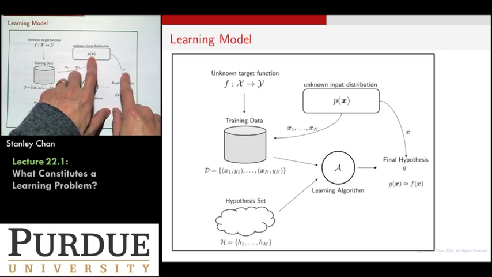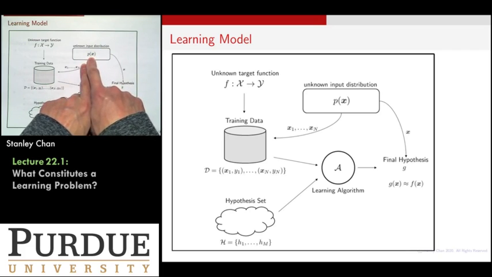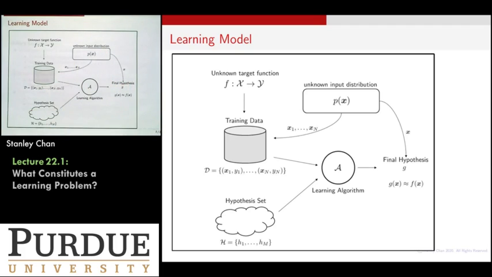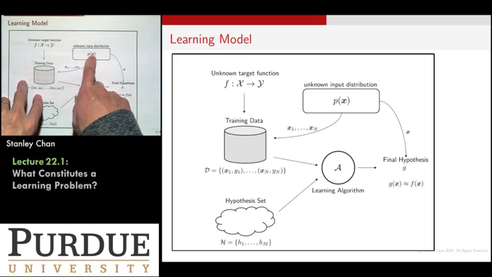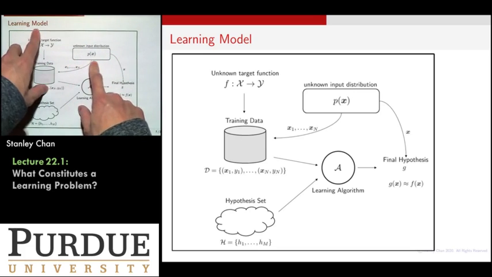At the same time, your testing samples should also be drawn from the underlying distribution. If this input distribution is missing, then you will run into some very funny situations that I'm going to explain shortly. This is a very important piece of the model, in fact the most important piece for this model to work.